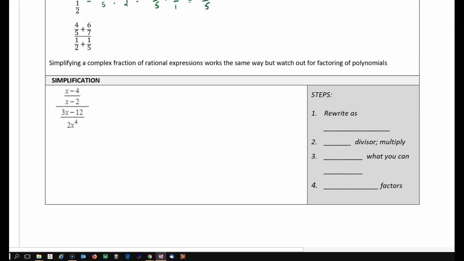So here we rewrite this complex fraction as division. So flip the divisor and multiply instead.